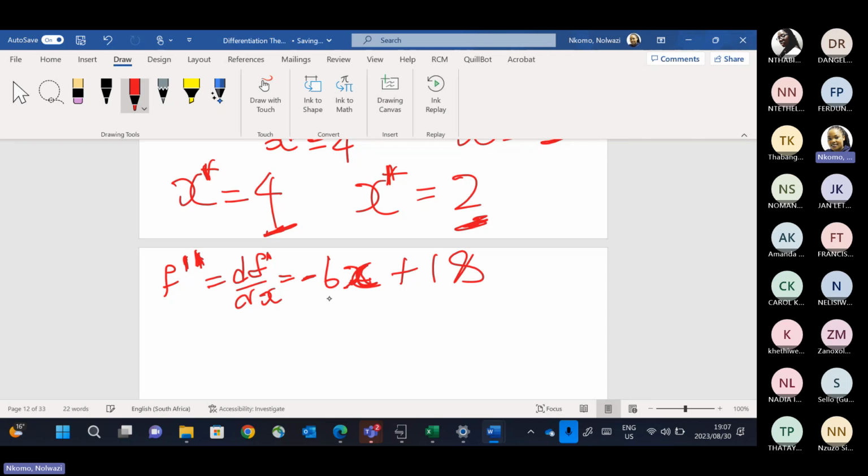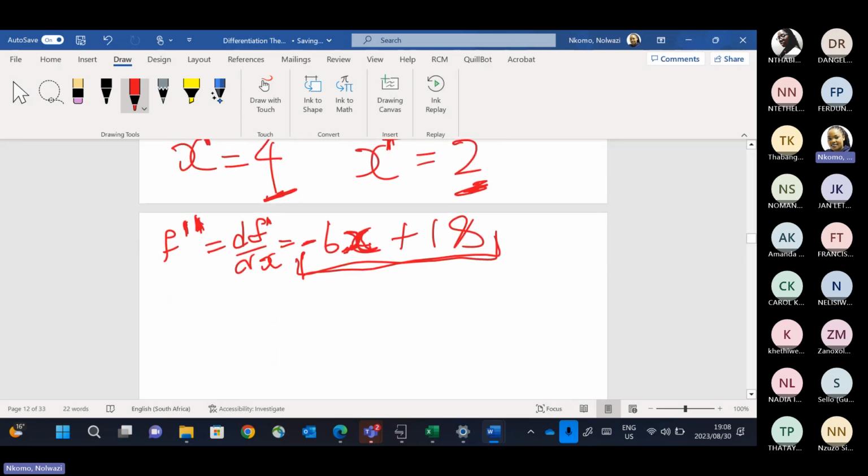You see, right now, it is a function, it's not just a constant. So this means we need to substitute our point back here and then calculate. If you find a negative value after substituting your point, then that point is the maximum point. And if you find a positive value, the point is the minimum point.